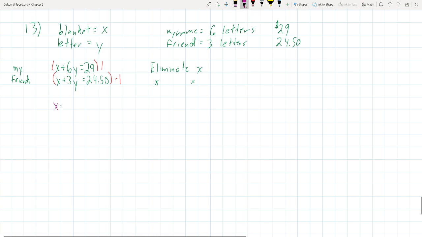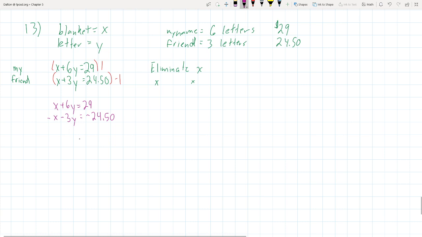So I say x plus 6y equals 29. And then I have negative x minus 3y equals negative 24.50. The x's are going to cancel out. Awesome.